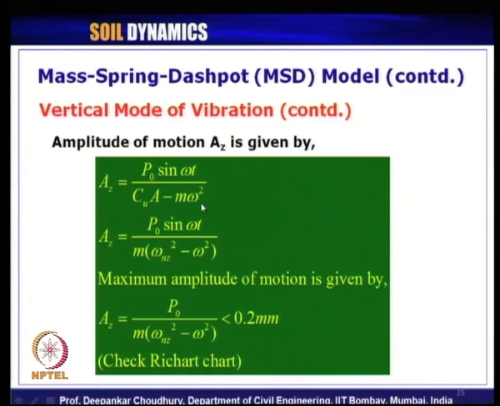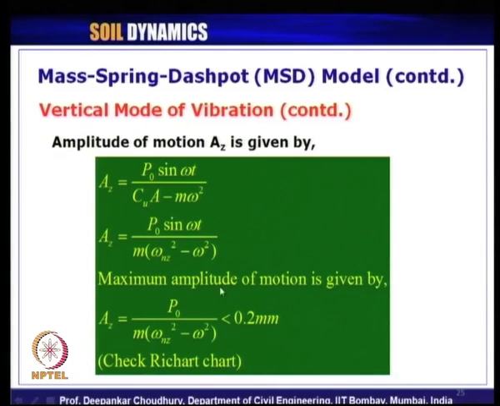This we had already derived in our MSD model analysis. If you put the expressions here, it will be m times omega n z square minus omega square, where omega is the exciting frequency and omega n z is the natural frequency of the system in z direction.